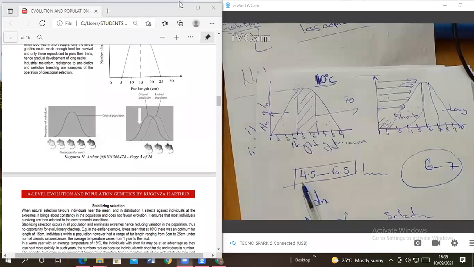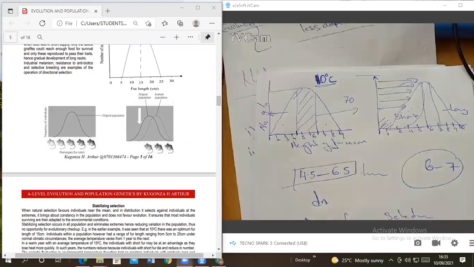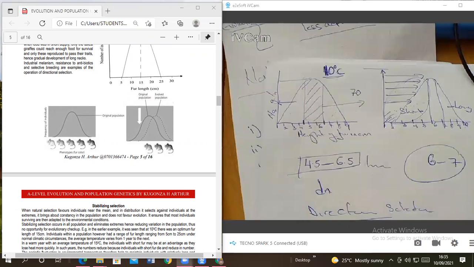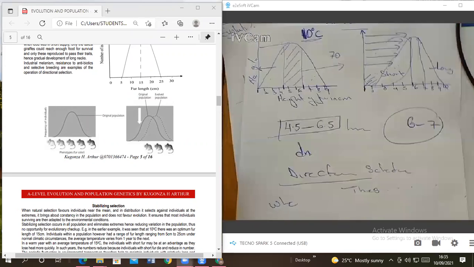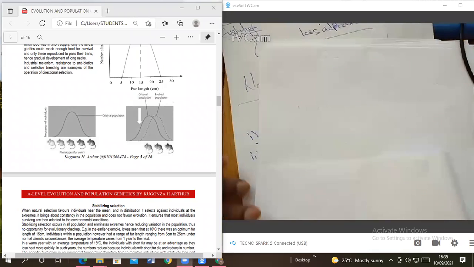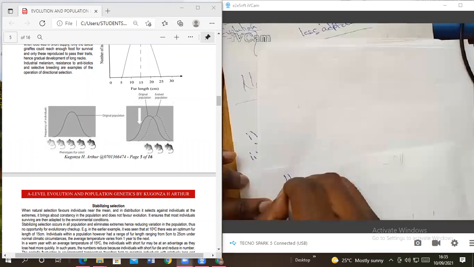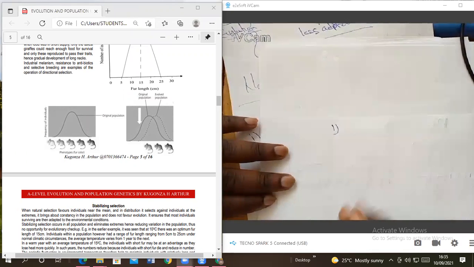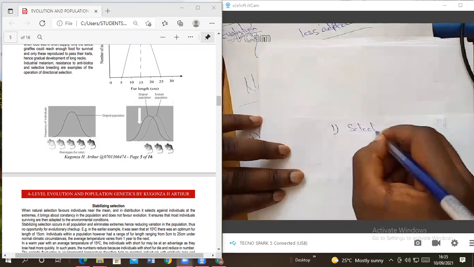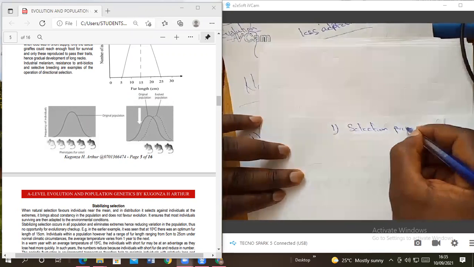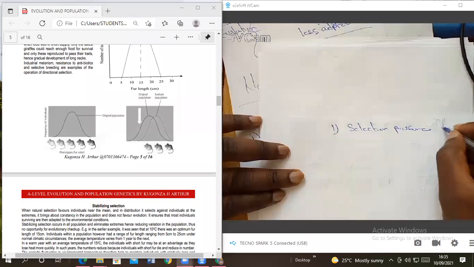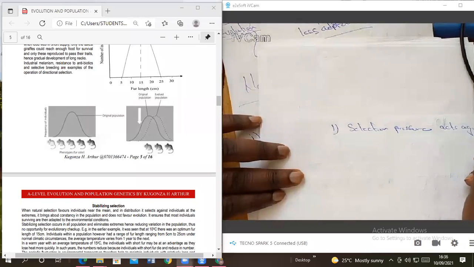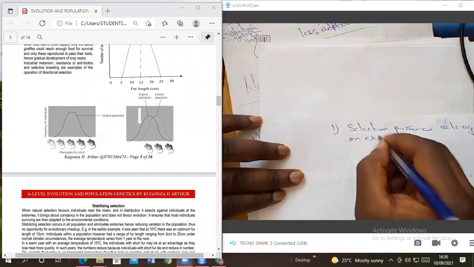Yes, sir. Okay. Now, under directional selection pressure, there are three factors which drive it. One, the first thing you need to know is that the selection pressure acts against one extreme.